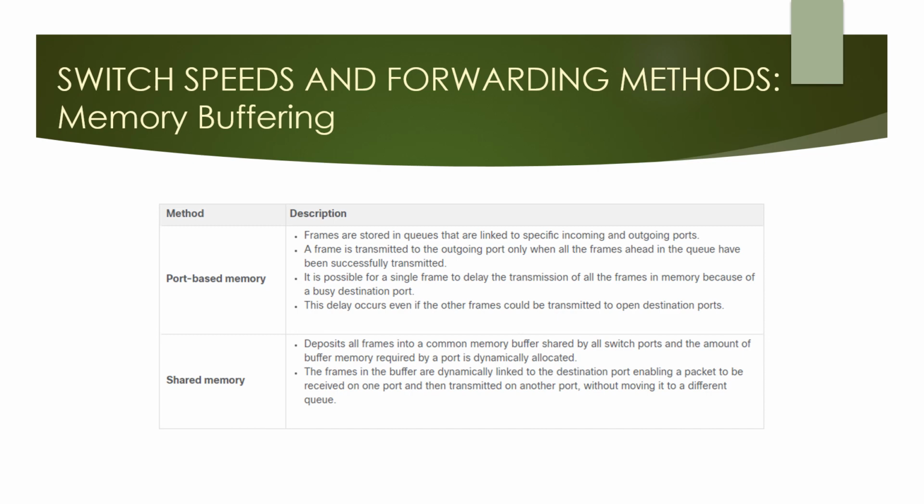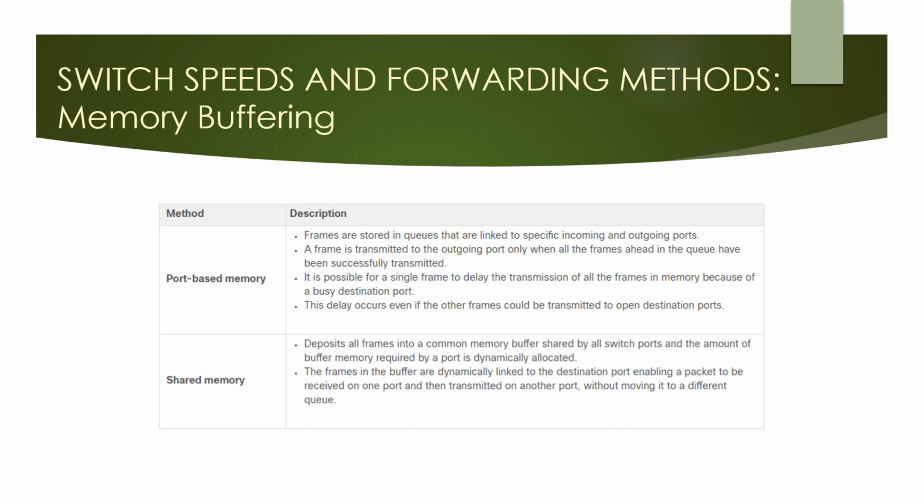In this case, the switch deposits all frames into a common memory buffer shared by all switch ports, and the amount of buffer memory required by a port is dynamically allocated. The frames in the buffer are dynamically linked to the destination port, enabling a packet to be received on one port and then transmitted on another port without moving it to a different queue.